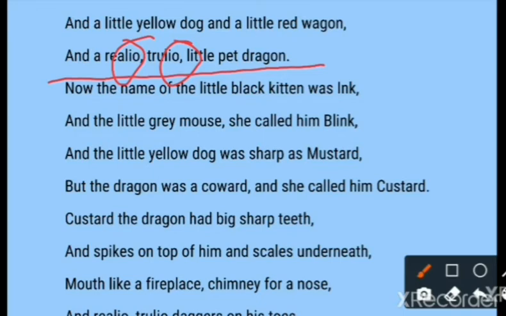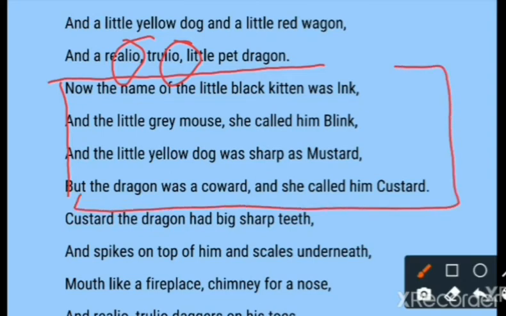And then we have the second stanza, another four lines. We shall see what is there in these four lines. In these four lines similarly we have a rhyme scheme again, and then we have this simile.